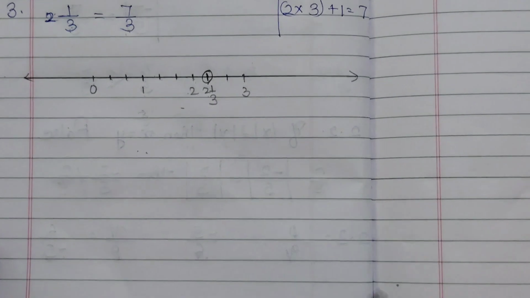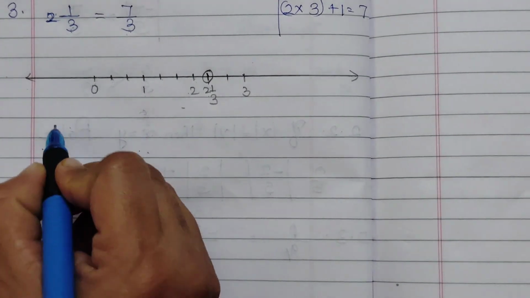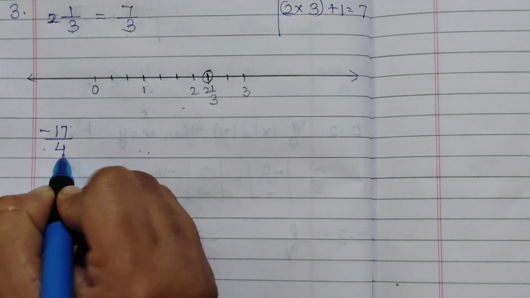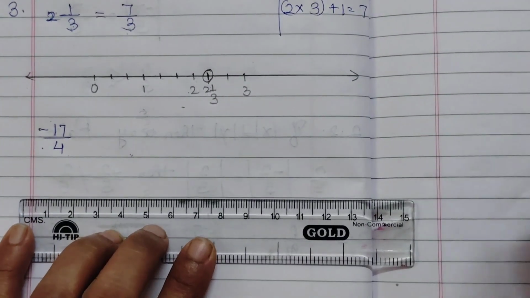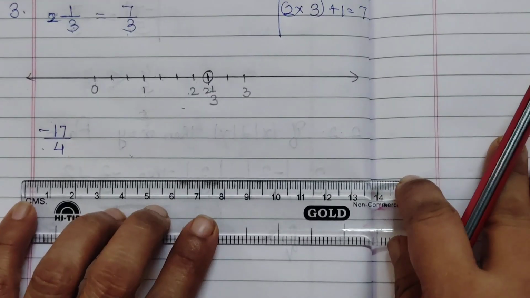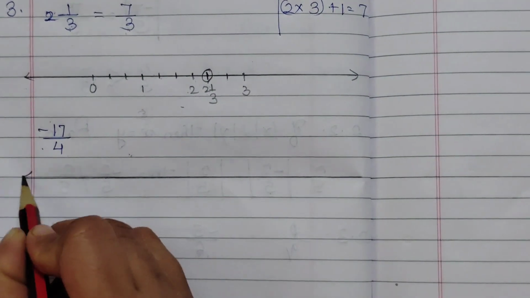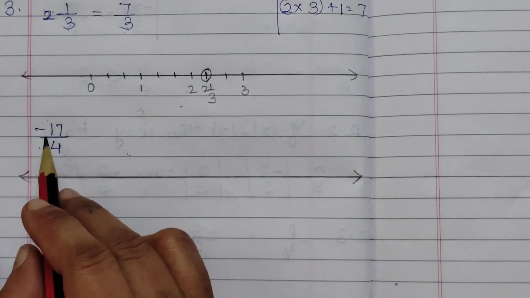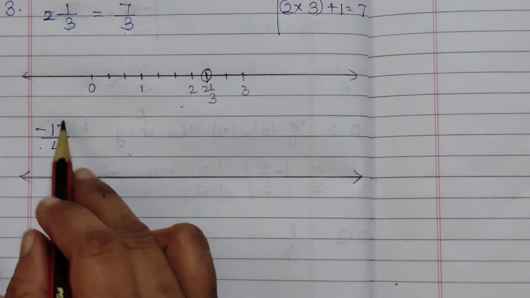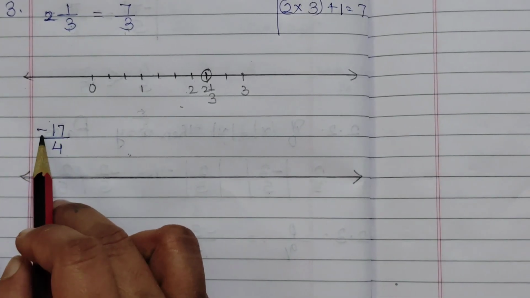Now we will see the next question, minus 17 upon 4. So again we will draw a number line. Now if we see, this is a negative number. First of all, this is not a mixed fraction like the previous one. This is a normal fraction and it is negative.